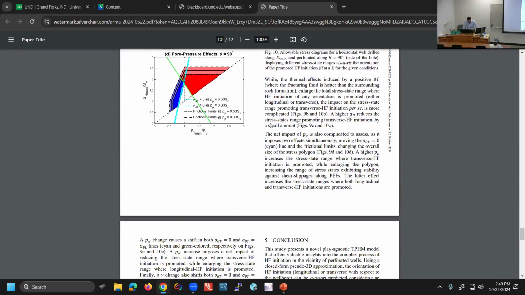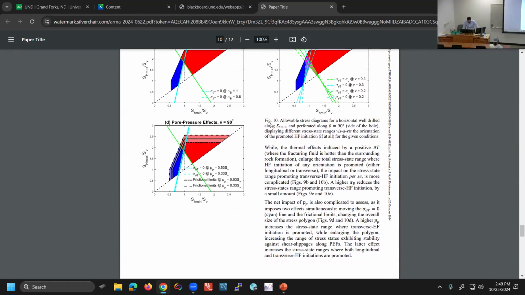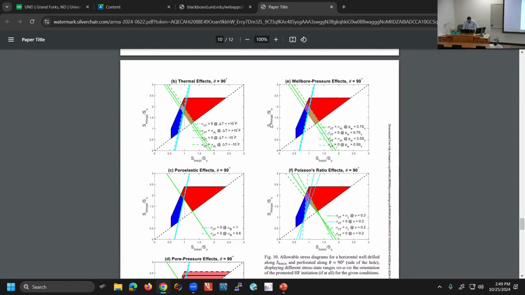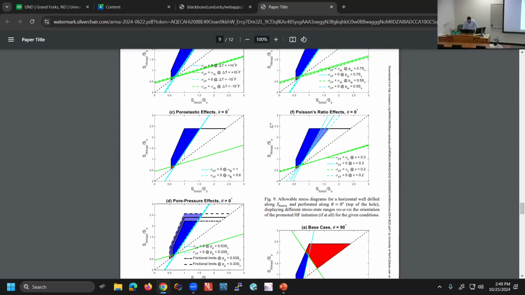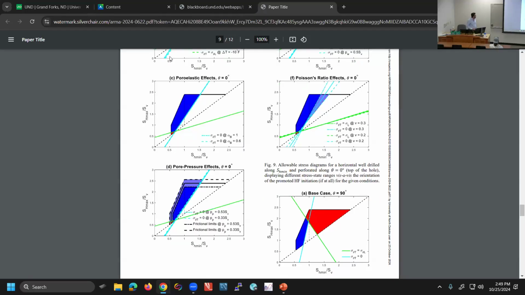No, he doesn't have the polygon changing with the poroelastic effects. He only has the lines changing.